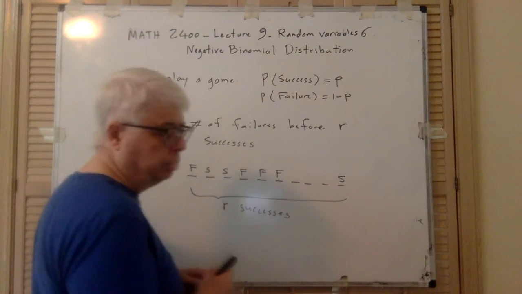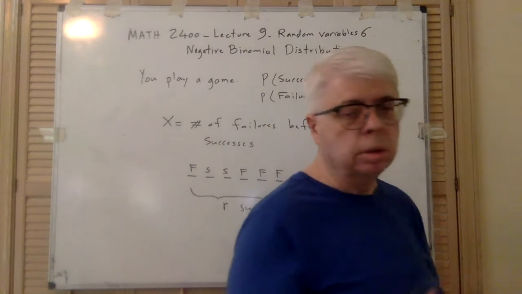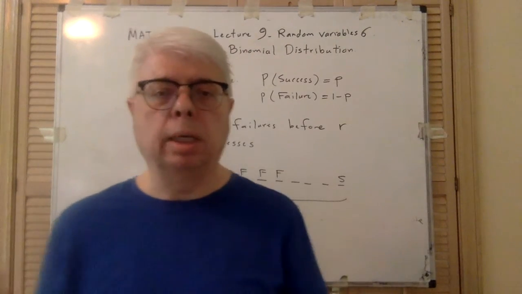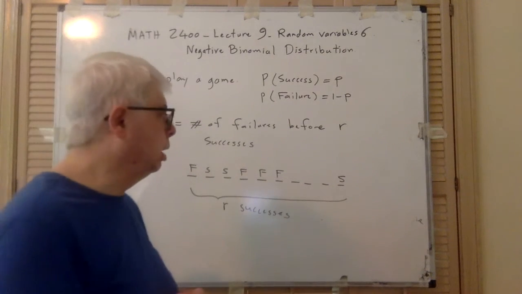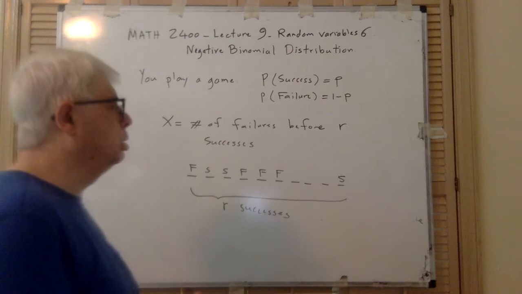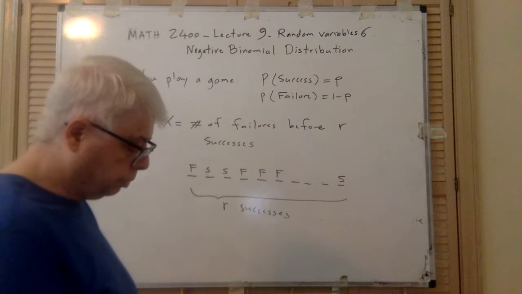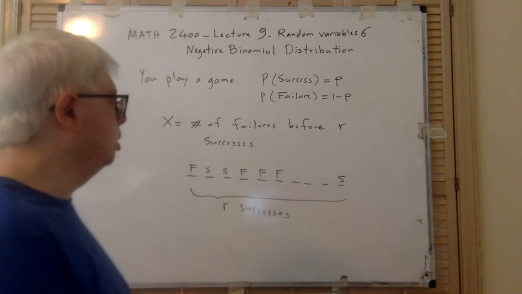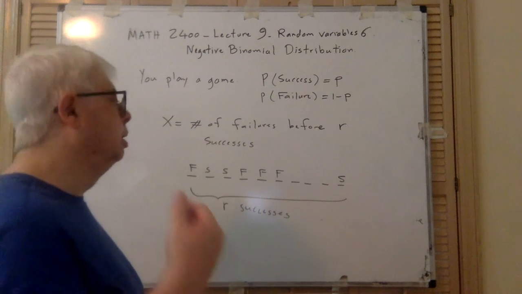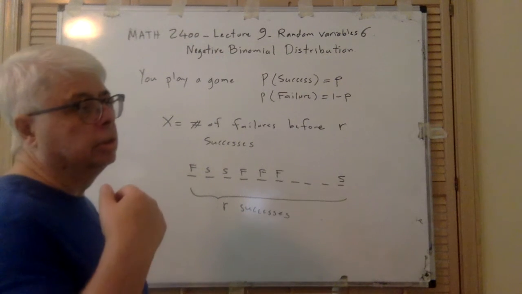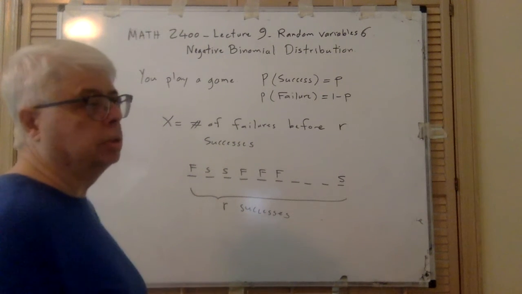So we say, I play this game until I have 20 wins, say, something like that. And then I will stop. And you want to see what is the probability of having a certain number of failures before, say, 20 successes.